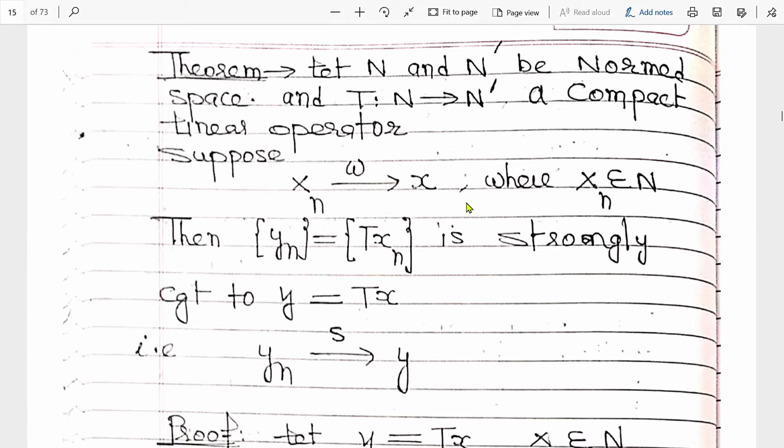Our purpose is to prove that the image T xn, which is in N', is strongly convergent to y. So if it is weakly convergent, then its images are strongly convergent.